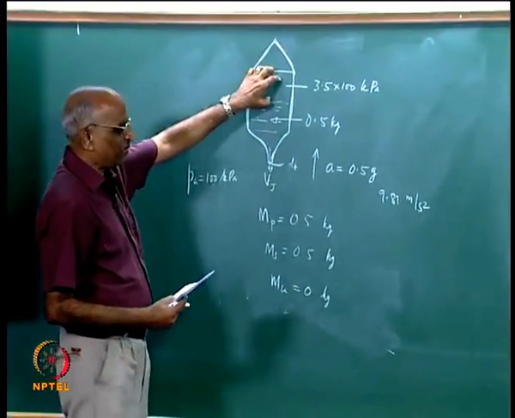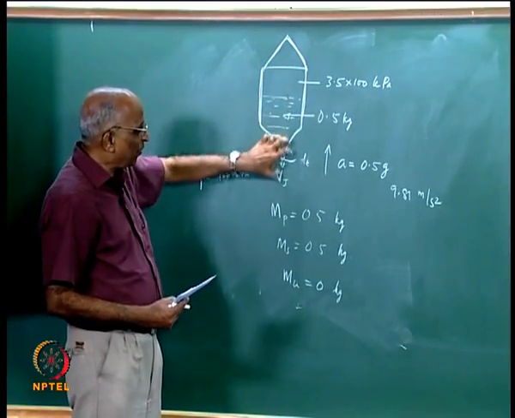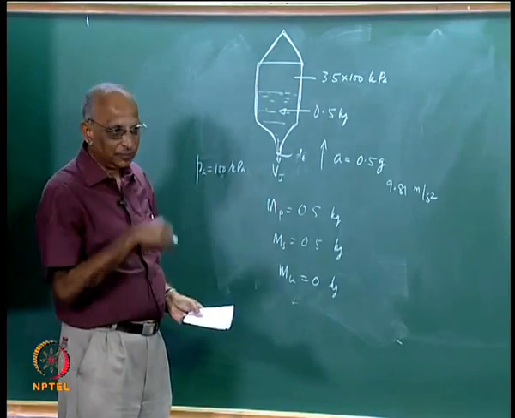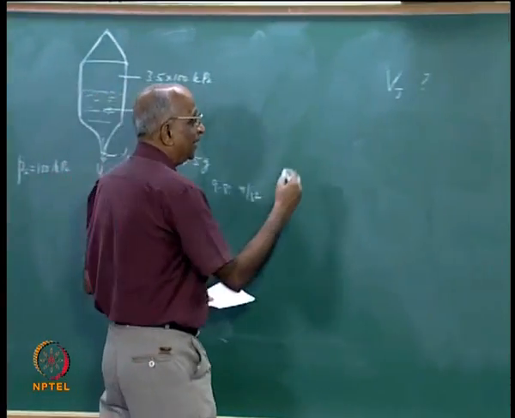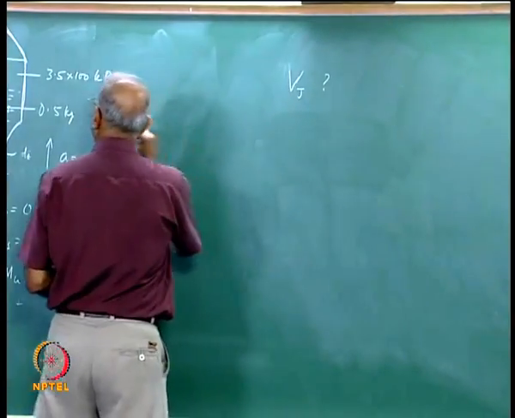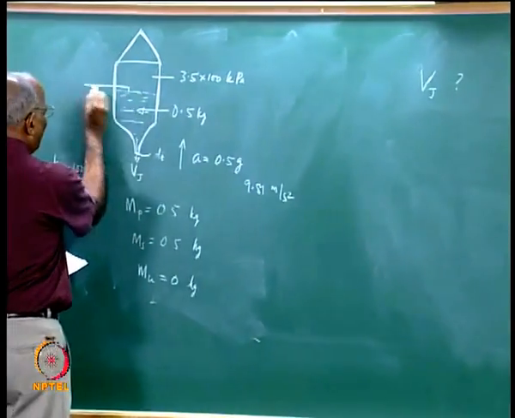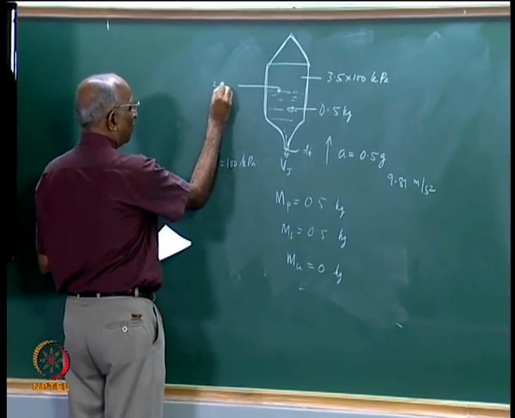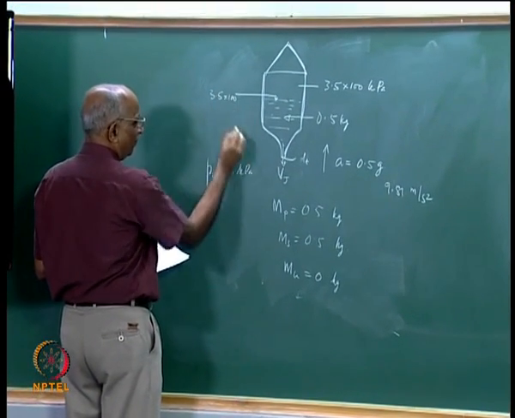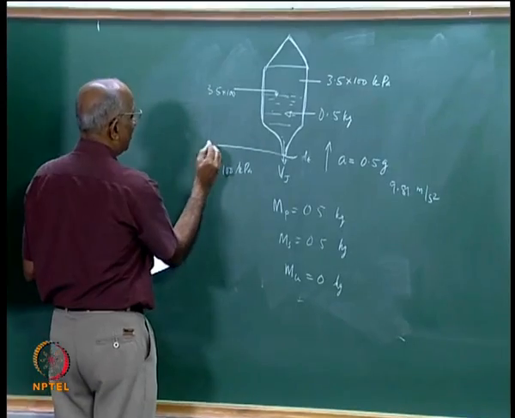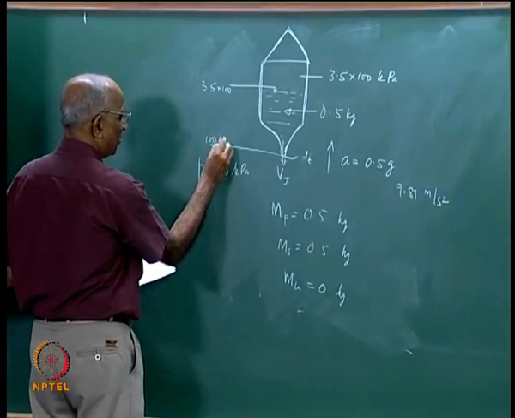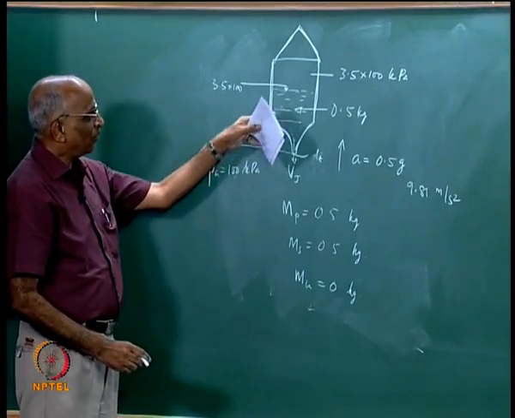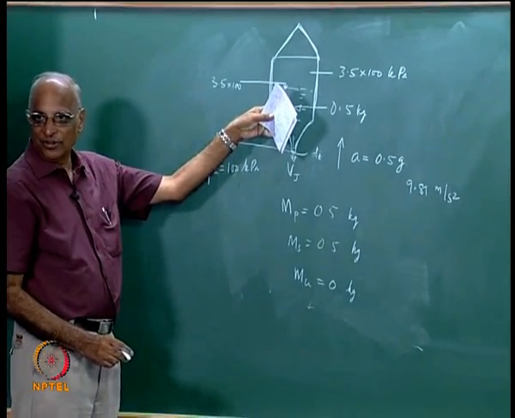I am pushing out with pressure over here. What is the flow rate, or what is the velocity with which water will move? Let us say on the surface of water, the pressure is 3.5 into 100 kilopascal. On the surface outside, the pressure is 100, because this is how it is seeing the ambient. Therefore, for the water column I am writing the Bernoulli equation.